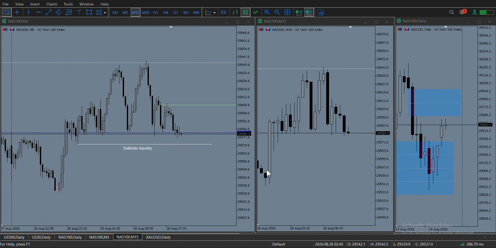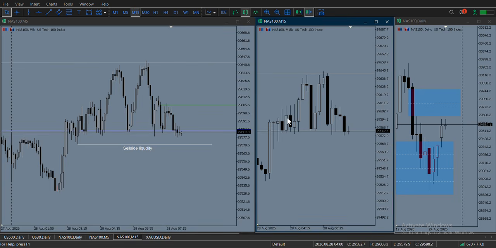I've mentioned this buy-side imbalance and inefficiency on the 15-minute, and after we took out yesterday's high here with the wick, we formed a nice swing high, and this is the kind of swing high that has an effect on momentum. An effect on momentum means that we can completely change the momentum from what it has been doing. It's been bullish.